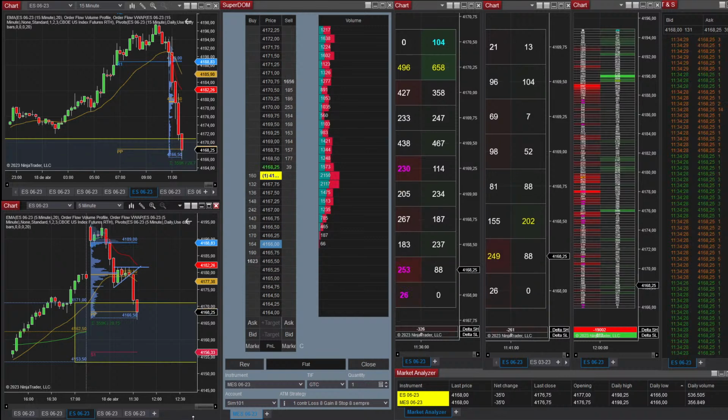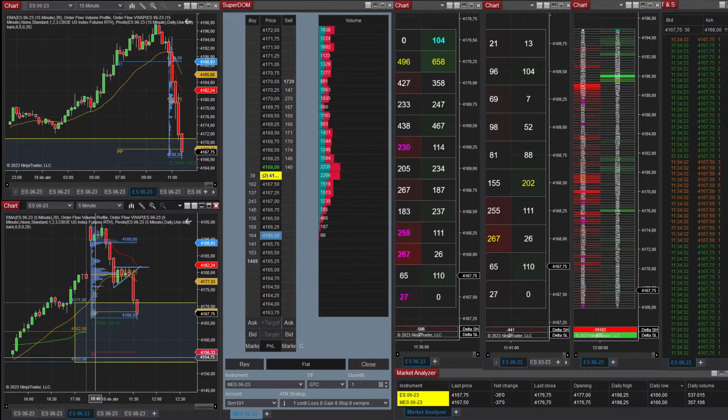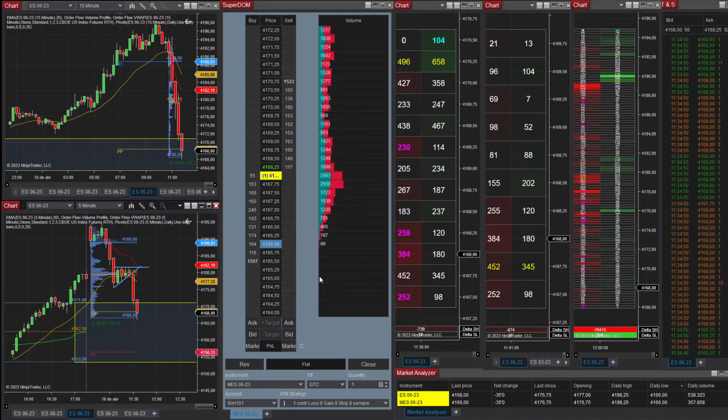So let's see what's going to happen. We are right at the pivot point as well. I forgot about the pivot point. We have the value area high at 71 and the pivot point at 68.5. The pivot point is always a region where things get a bit stuck. We see some struggle around it.